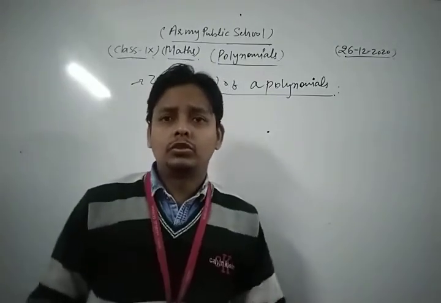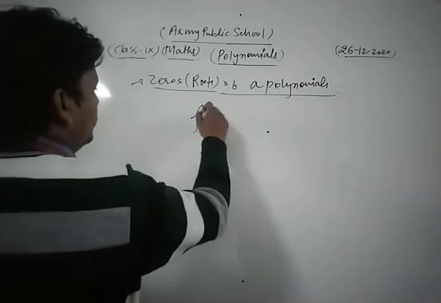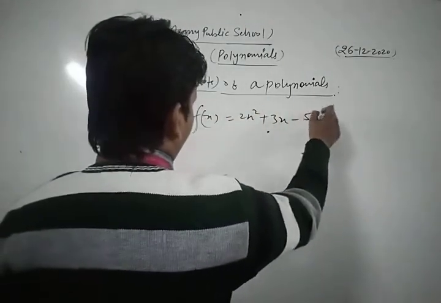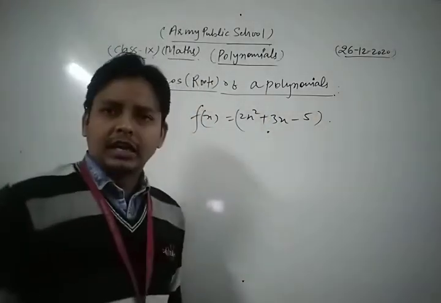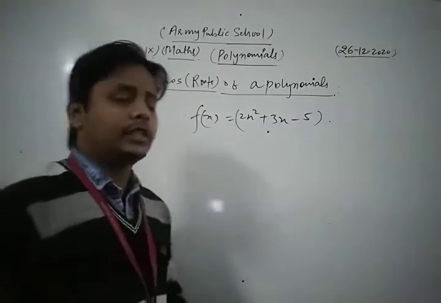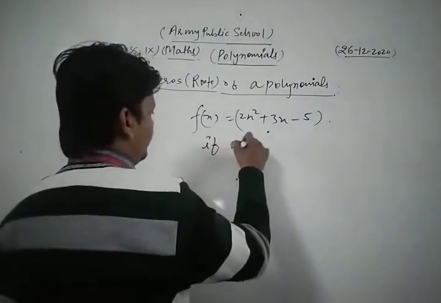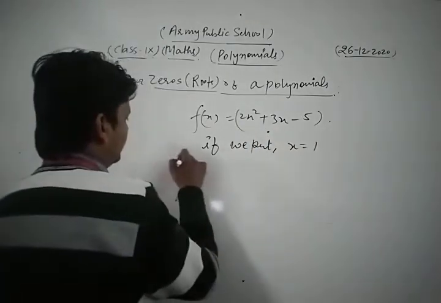Suppose that we have a polynomial f of x is equal to 2x square plus 3x minus 5. If we put x is equal to 1, then what do we get?